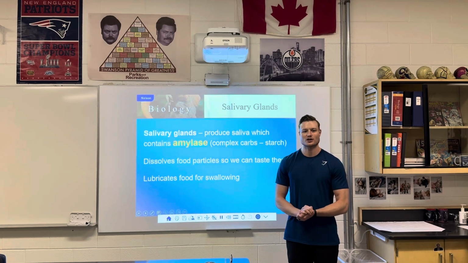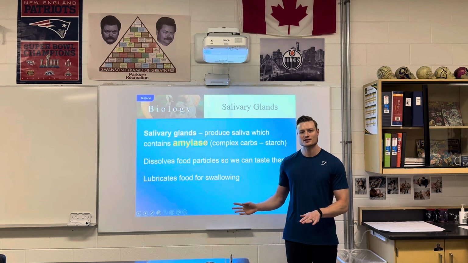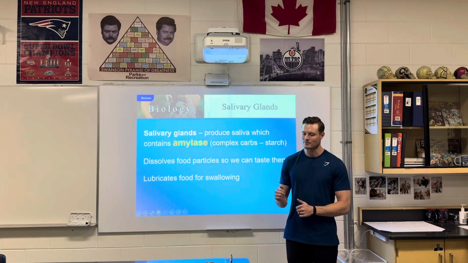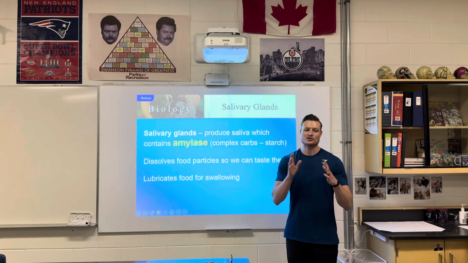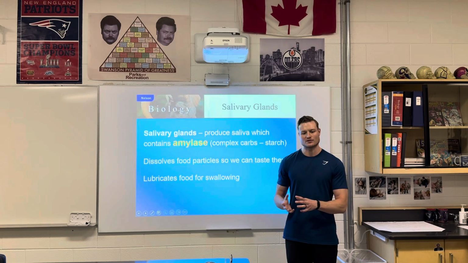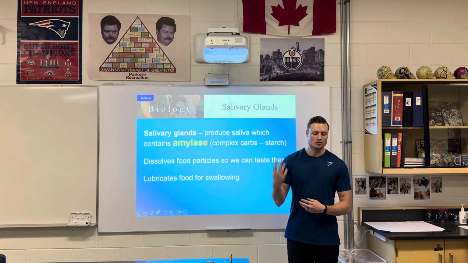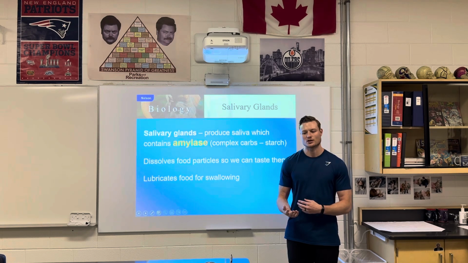Now, there is actually a little bit of chemical digestion in the mouth. This is why we start with carbohydrates, because fats and proteins are not chemically digested until later on in the process, but carbs are chemically digested beginning in your mouth. So your salivary glands produce saliva. Saliva is a fluid that helps lubricate your food and makes it easier to swallow, but it also contains an enzyme called amylase.